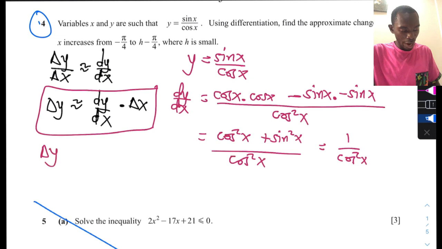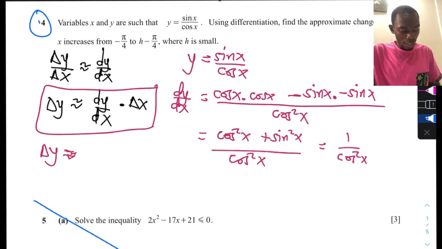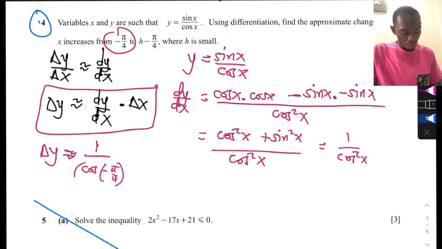So your change in y is approximately dy dx, but it is dy dx at the initial value, and the initial value is negative pi on 4. So you have 1 over cos negative pi on 4 all squared, times the small change in x.